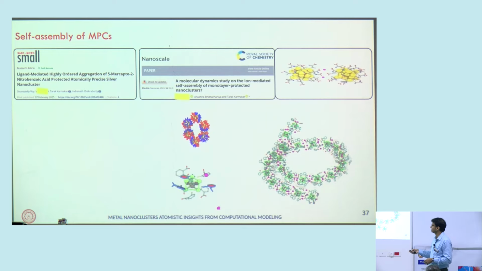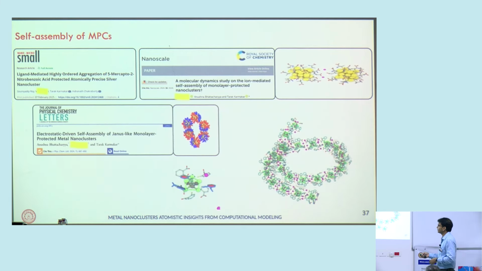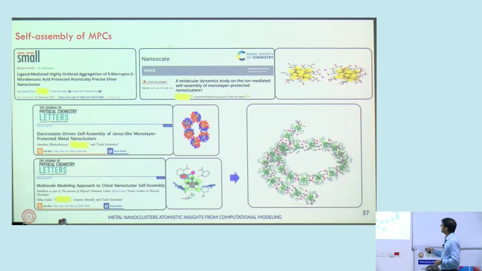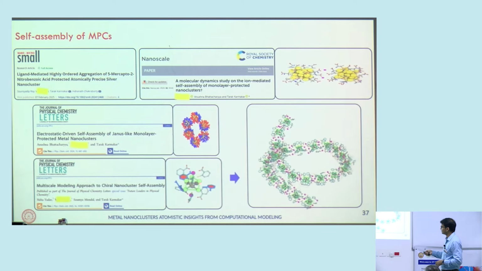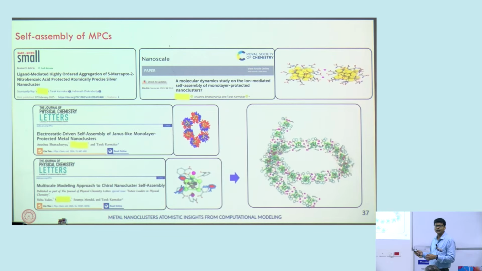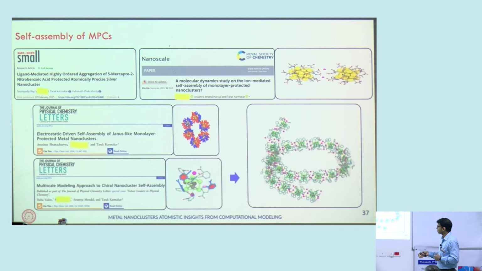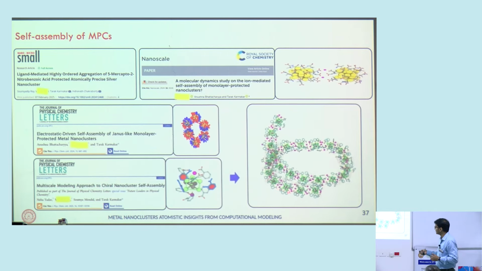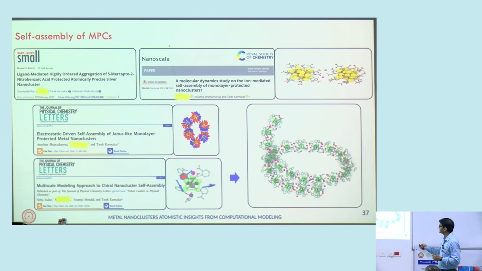I'm not going to discuss it in detail, but you can look at our papers. Automatically, you leave everything in the solution, and it forms this kind of structure very quickly. And then we recently studied what happens if you incorporate some level of chirality in the system. This nanocluster is not chiral, but the way they aggregate forms a kind of helical structure.